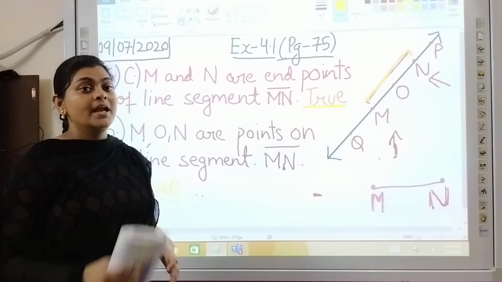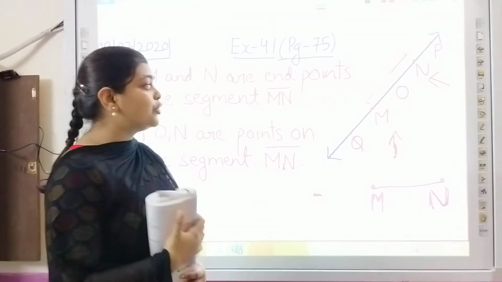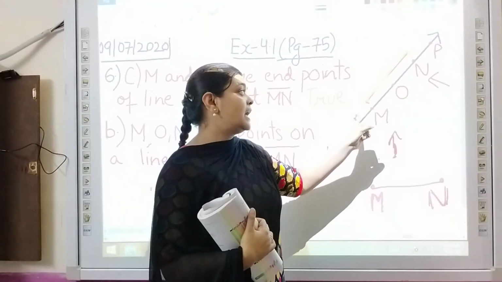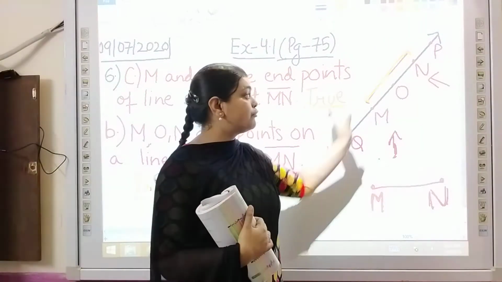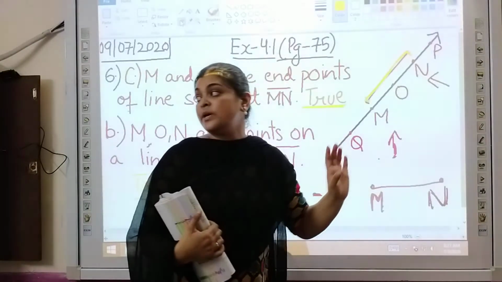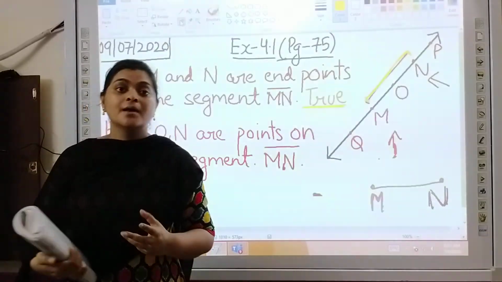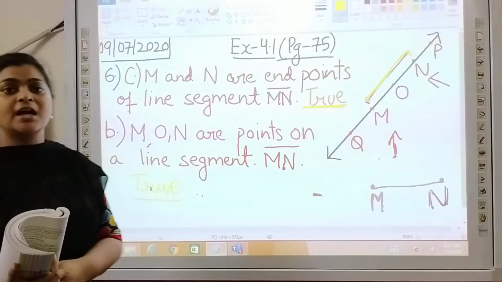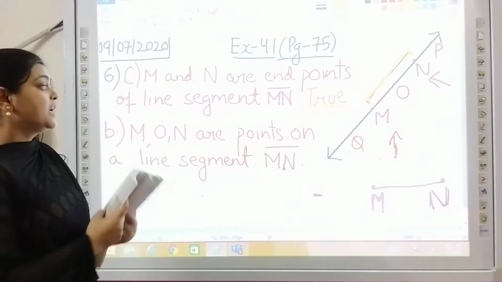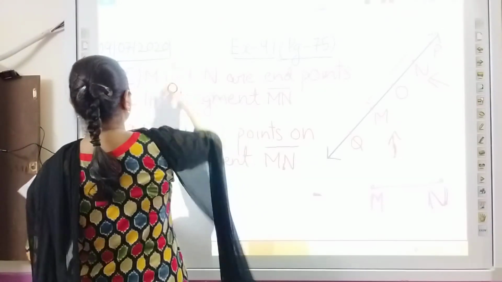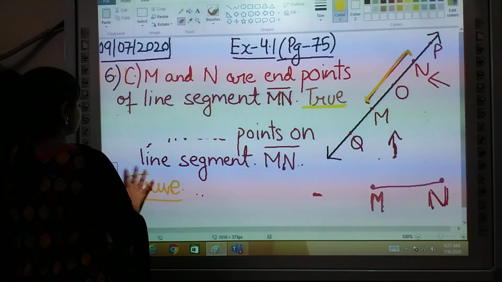Is that clear? You just have to see how the line segment or line that is being told to us appears in the figure. So geometry is all about figures and shapes. Without figures and shapes we cannot answer the questions of geometry. Is that clear?